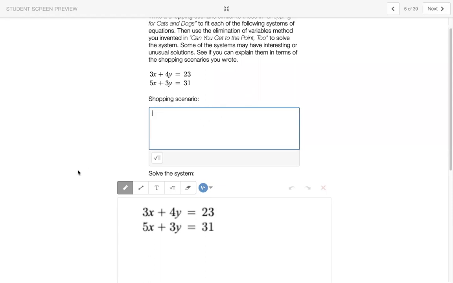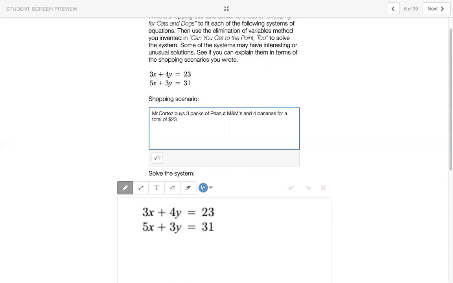So let's say that I buy 3 packs of peanut M&Ms, personal fave. And let's say that I also buy 4 bananas. $23.